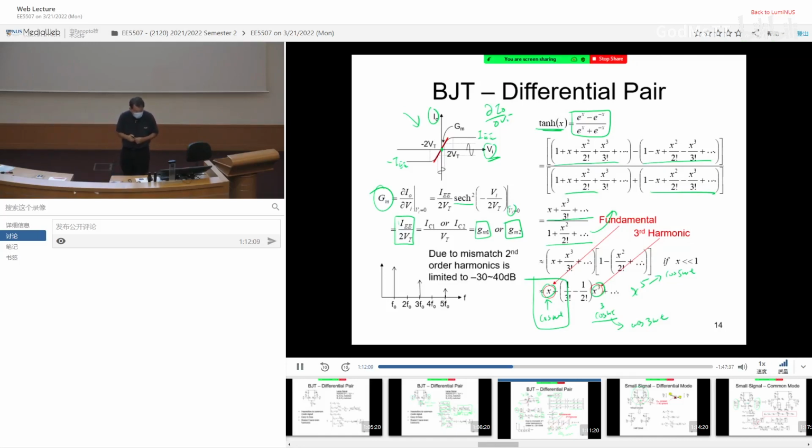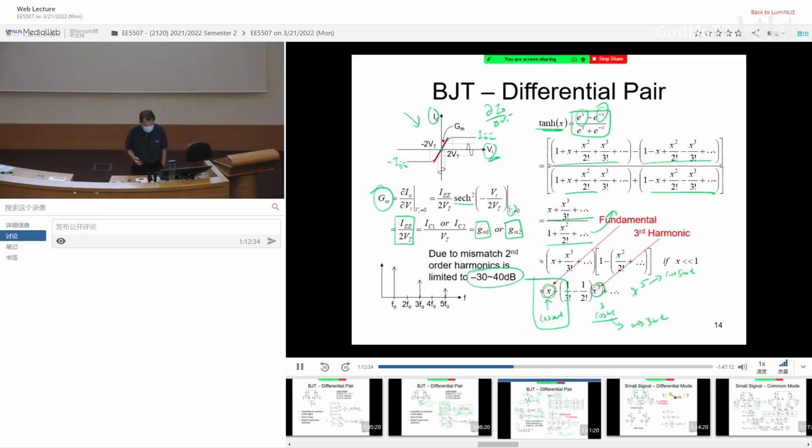But that is not the full story. The reason we didn't see any even harmonic is because we assume Q1, Q2 perfectly match, and R1, R2 perfectly match. If they don't perfectly match, you're not going to get this very nice cancellation. There will be some residual. So usually the even harmonic is limited to minus 30 to 40 dB.